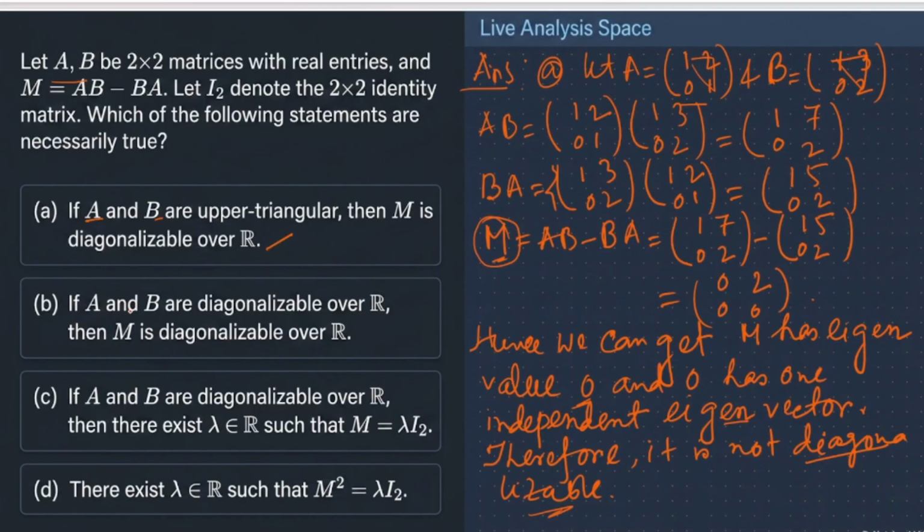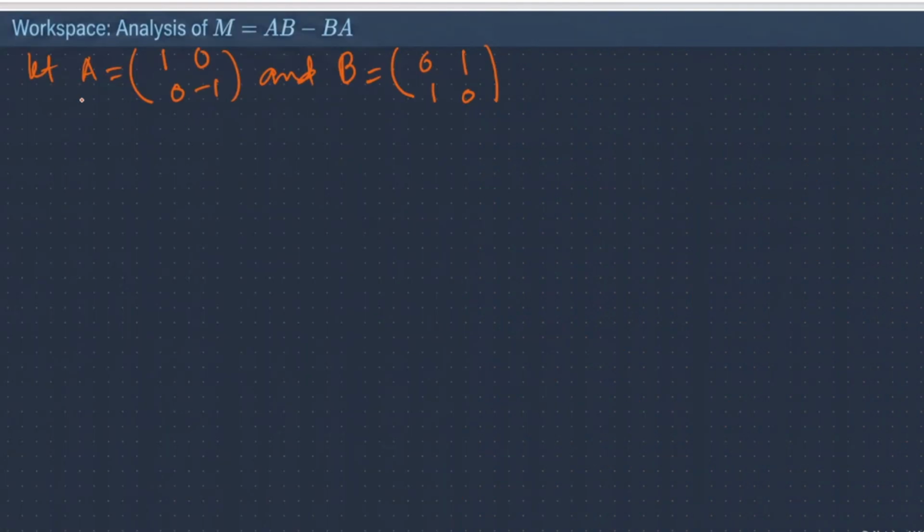Option B says A and B are diagonalizable over R, and then we have to prove or give a counterexample that M is diagonalizable over R. Now we consider the A and B matrices. These two matrices are diagonalizable because the eigenvalues of A are 1 and minus 1, and the eigenvalues of B are also 1 and minus 1.